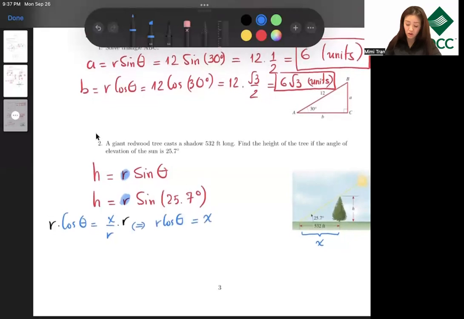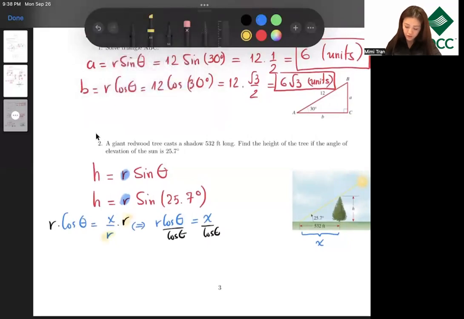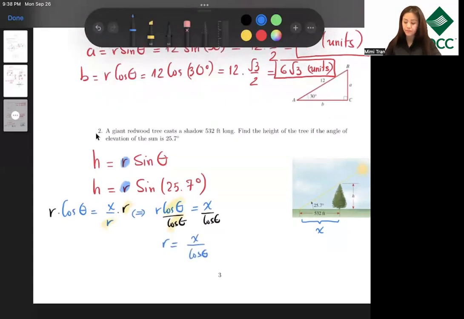We're going to solve for r, so divide both sides by cosine theta. Oops, sorry. Try to keep track. Okay, so r equals x over cosine theta.